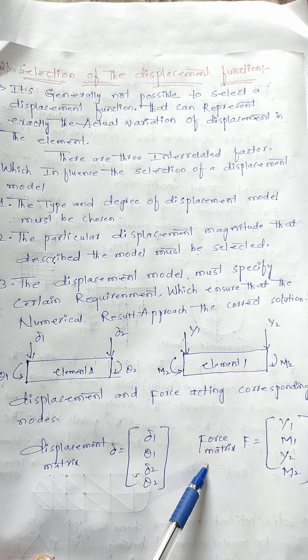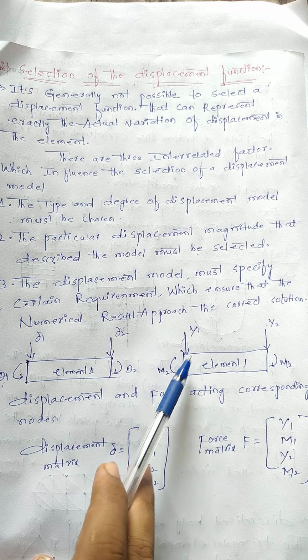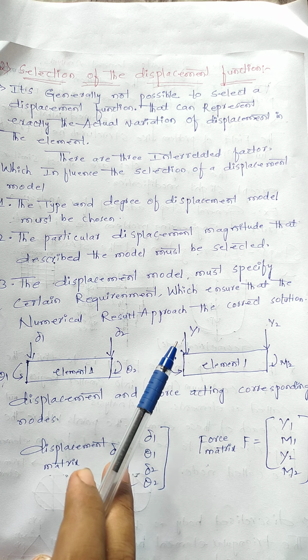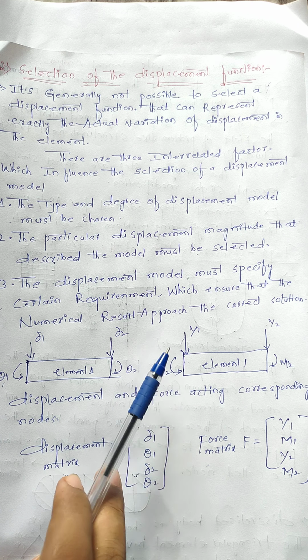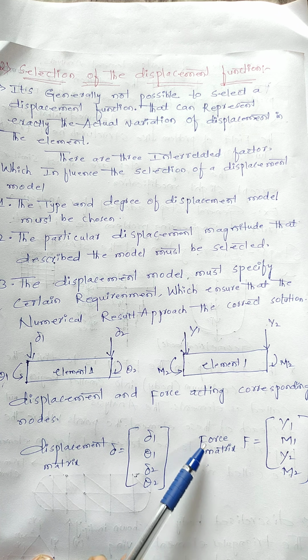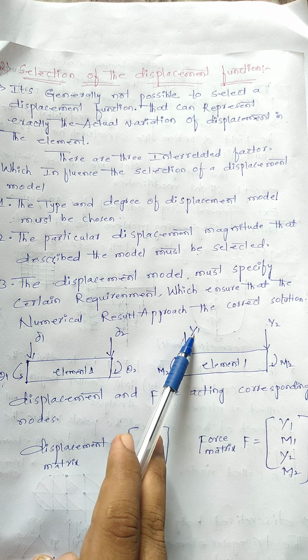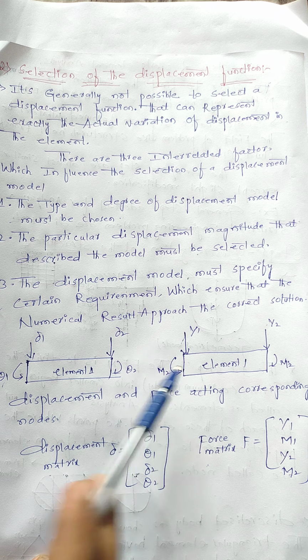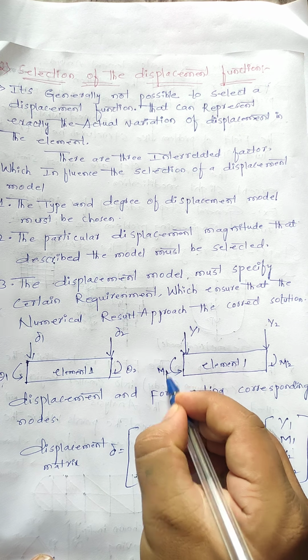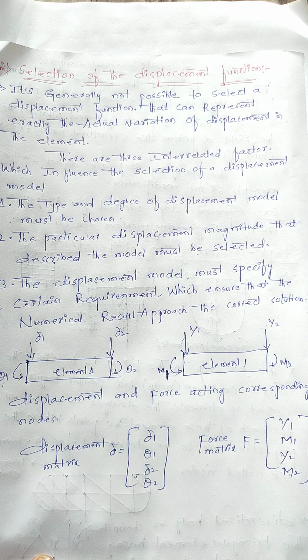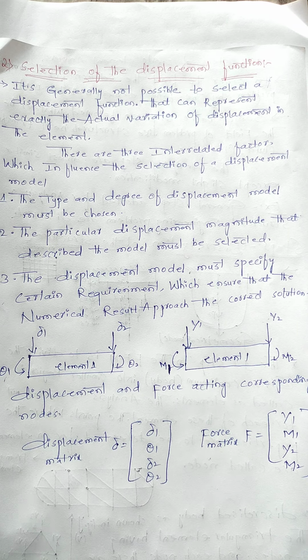And the force matrix tells which type of force is acting on each element. It may be tensile force, compressive force, bending force, or twisting force. We can easily analyze with the help of the force matrix method. The force F we can represent by y1 m1, and y2 m2. Is it right? And the third step is the derivation of the elemental stiffness matrix.